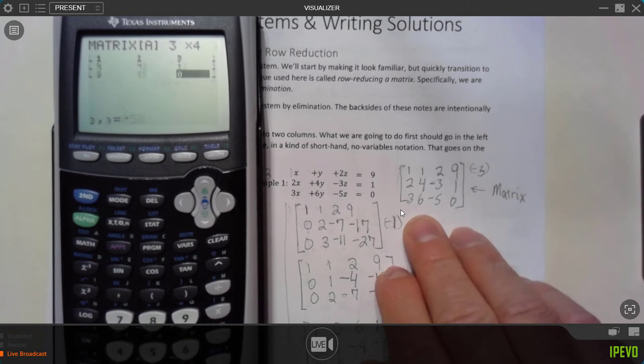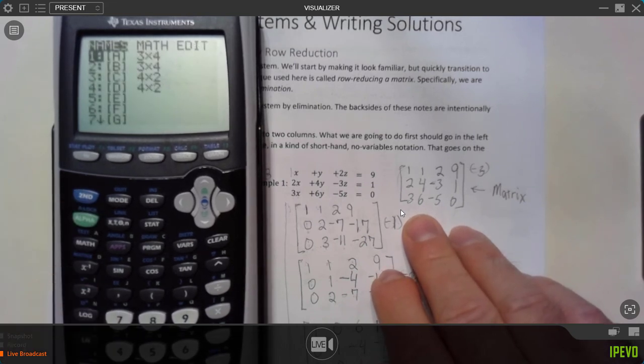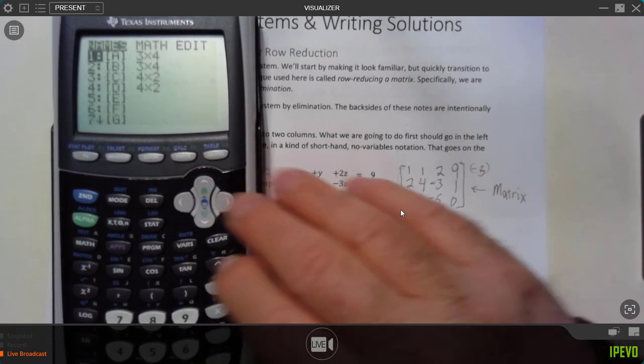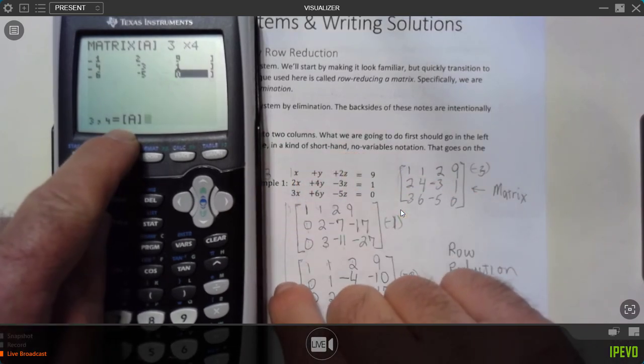minus 5 0. And if I quit out of here, actually if I just press matrix again, now I can go for the names, and I'll show you what the names are for. If I highlight row 1, so that will give me matrix A, press 1, it copies its name to the screen.